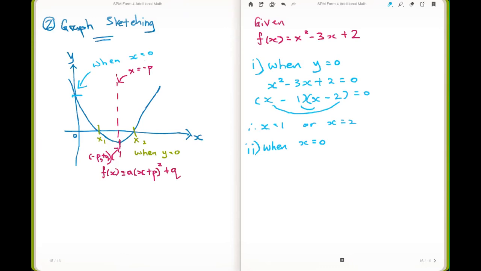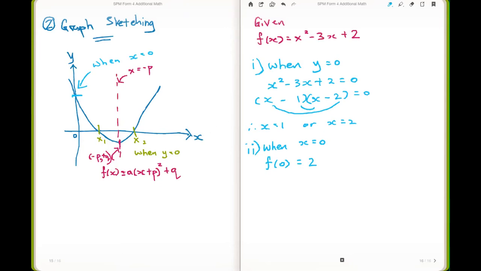This is even easier because in chapter 1 you have learned it. All you need to do is to map x into the function. So when x is 0, you put it into this equation, you get the answer straight away. f(0), you will get 2. So you know this is 2 now. I will know now it's 1 and 2.